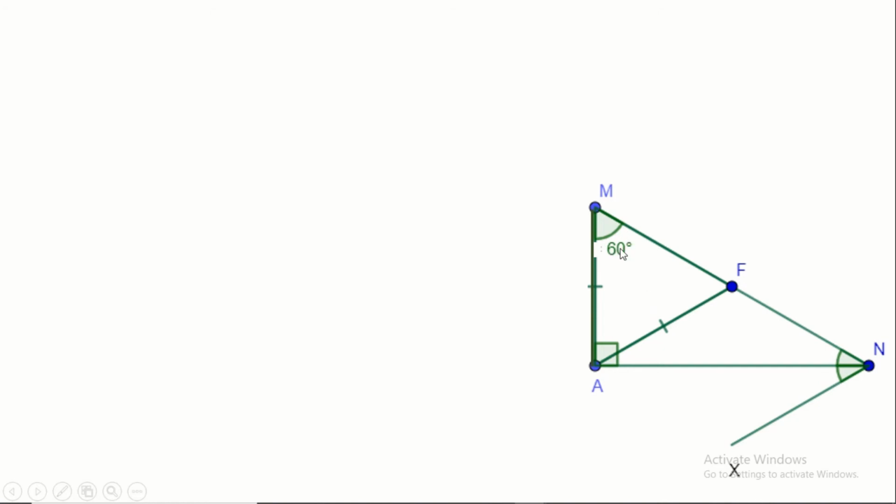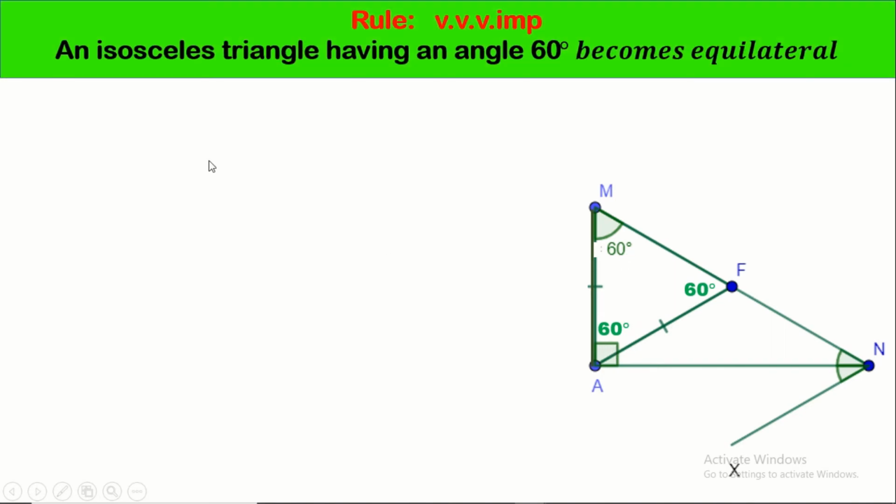This angle is 60 degrees, but we have an isosceles triangle, so the base angles will be equal to 60 degrees. But the sum of angles in a triangle is 180 degrees, so the third one will also be 60. Here we can deduce a rule: any isosceles triangle that has an angle of 60 degrees will become equilateral. So first of all, we have an equilateral triangle AMF.